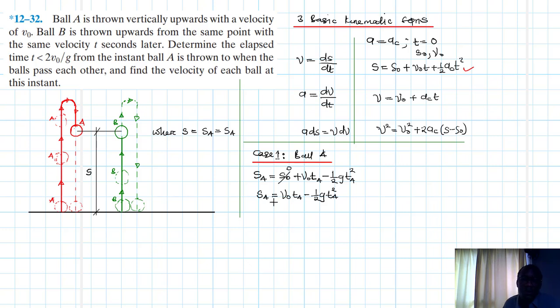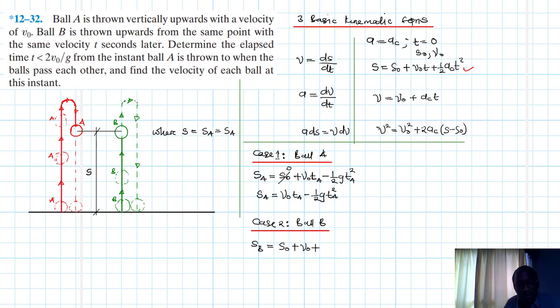Okay, so this is for case 1 for ball A, and then let's go to case 2, for ball B. Okay, and then we need to equate the two. So what do we have for ball B? Ball B is SB, we call this SB, equal to S naught plus V naught, which like we said is the same.